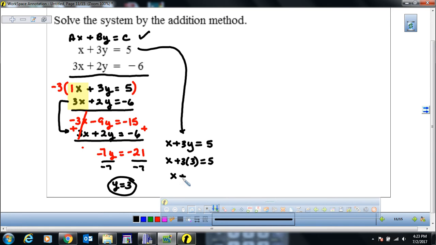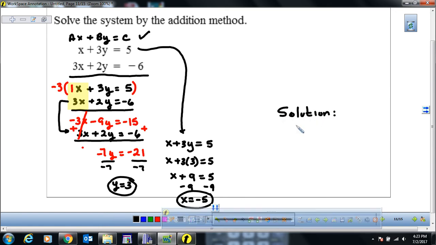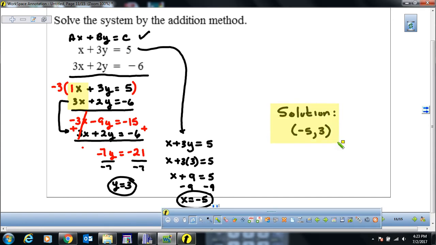So that's x plus 3 times 3, which is 9, equals 5. To leave the x by itself, we subtract the 9 from both sides, so x is equal to negative 5. The solution for this system of equations is the point negative 5, comma 3. So the two lines intersect at negative 5, 3.